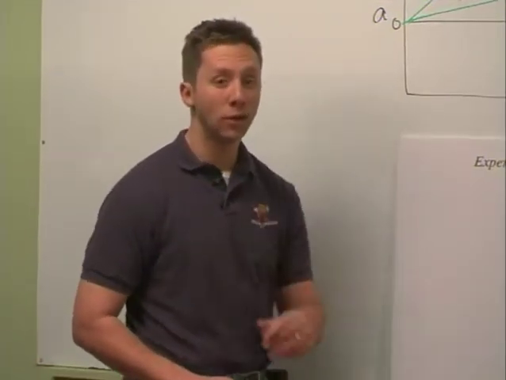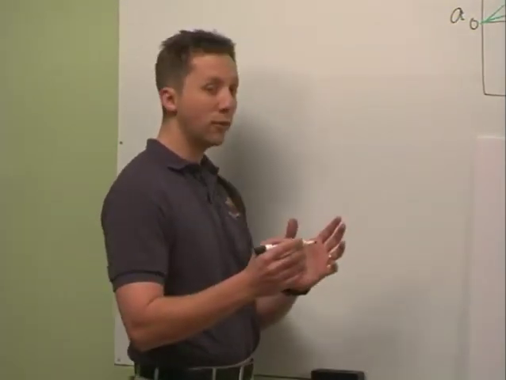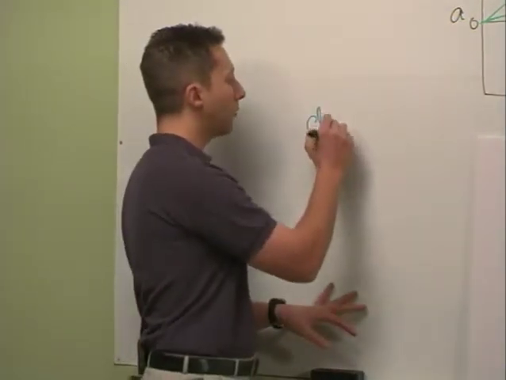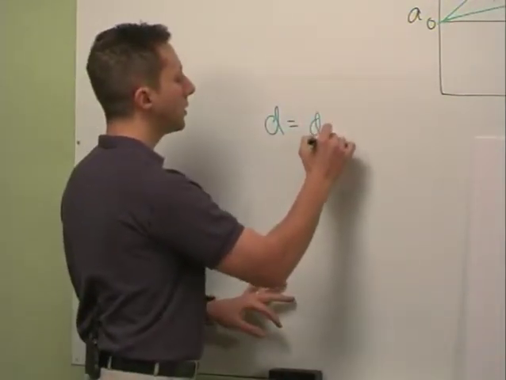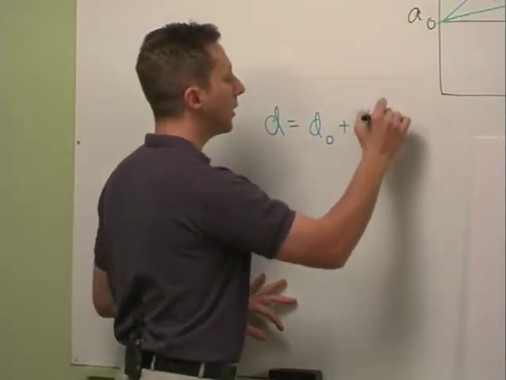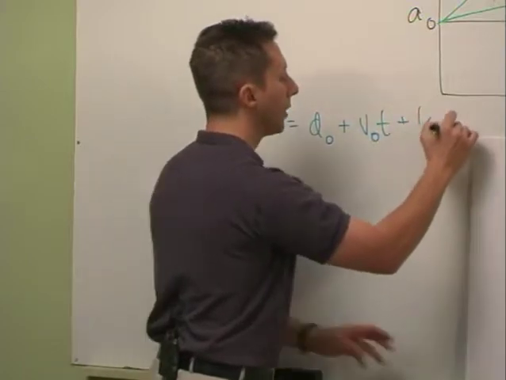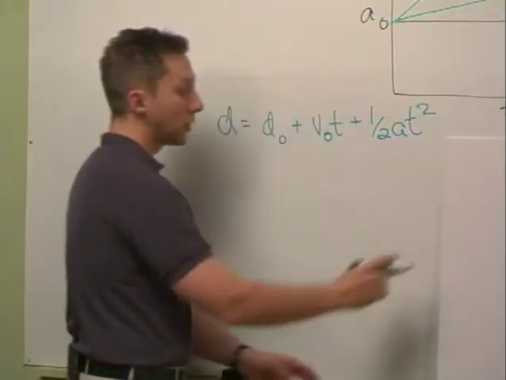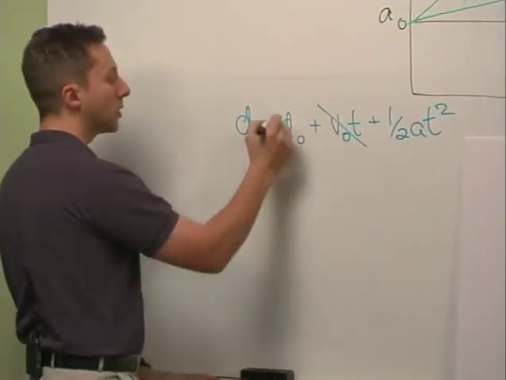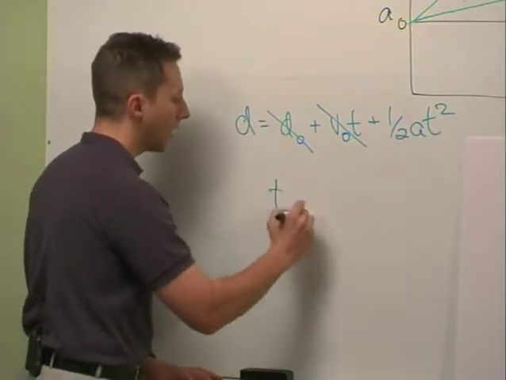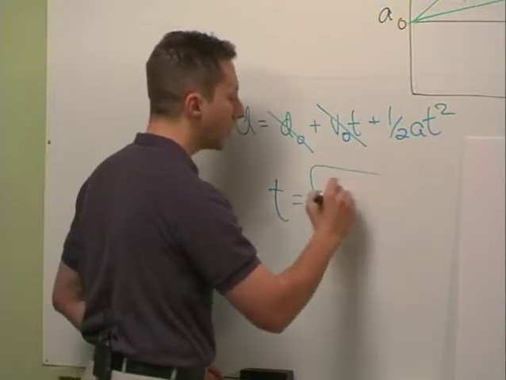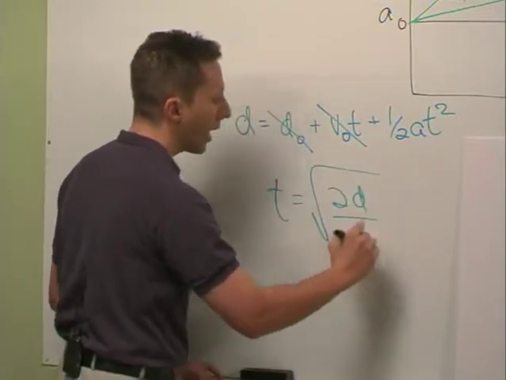Just in case you wanted to do it formulaically or started to set the formula up, it would come out of the free fall equation, or a linear motion equation: d equals d naught plus v naught t plus 1/2 a t squared. There's no initial velocity of the ball and no initial displacement. So setting these equal and doing some algebra, we get that t is equal to the square root of 2d over a.